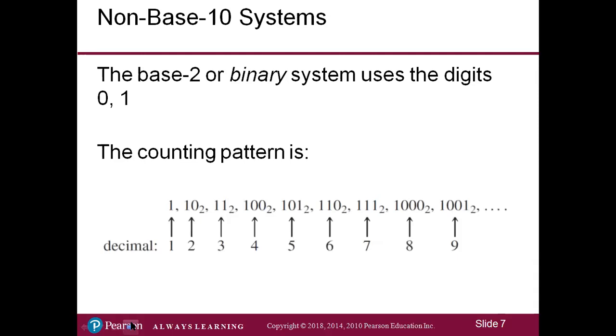The base 2 or binary system uses the digits 0, 1. The counting pattern is 1, 10, 11, 100, 101, 110, 111, 1000, 1001.